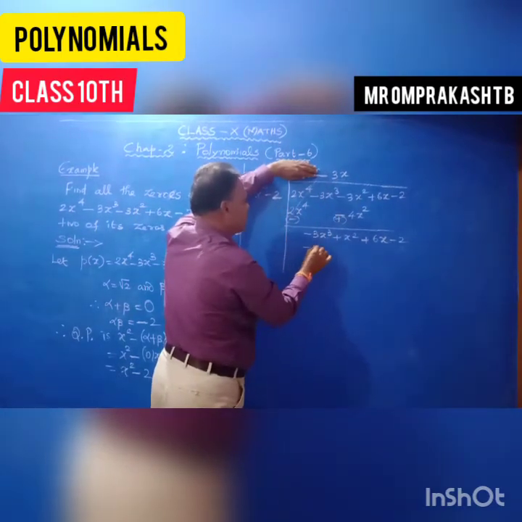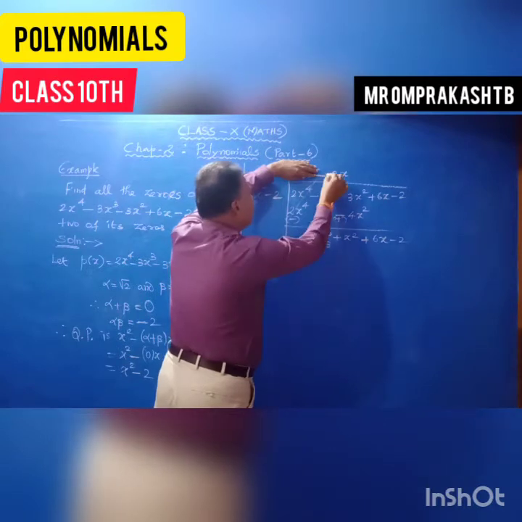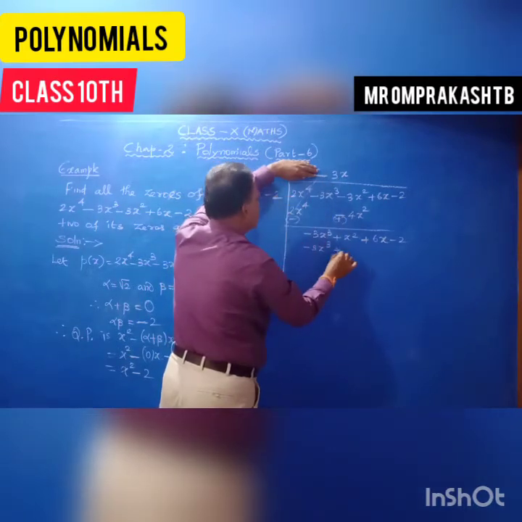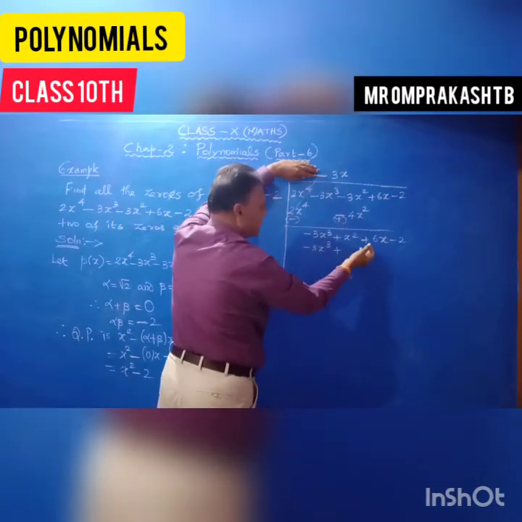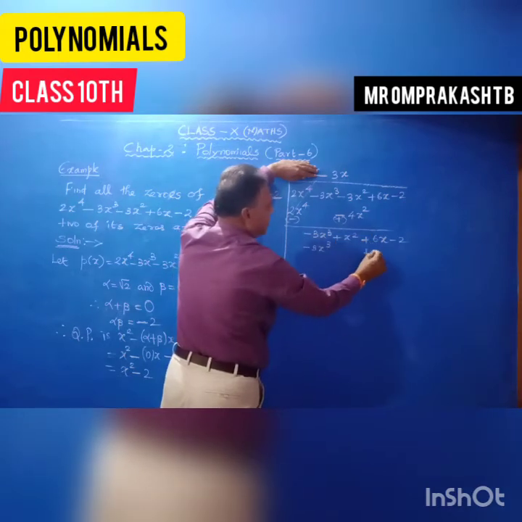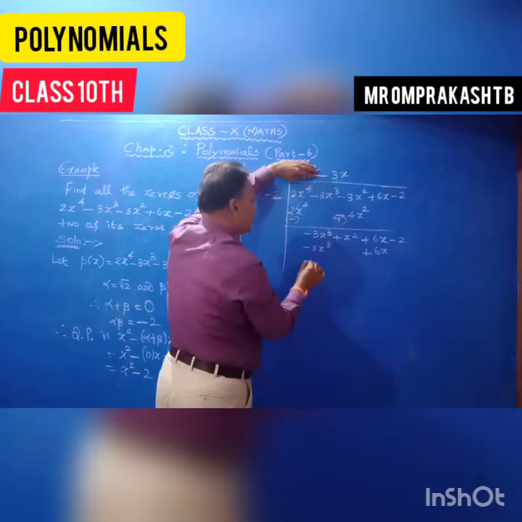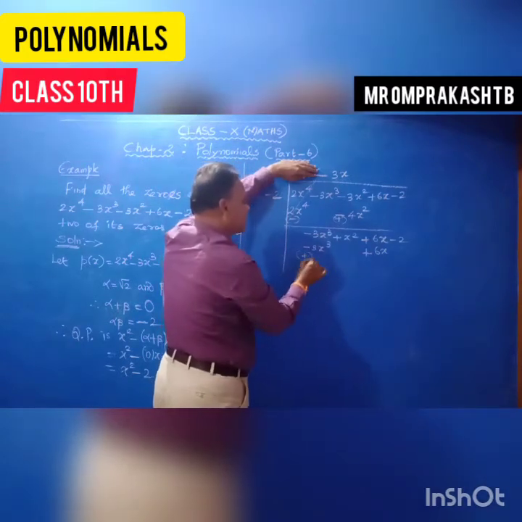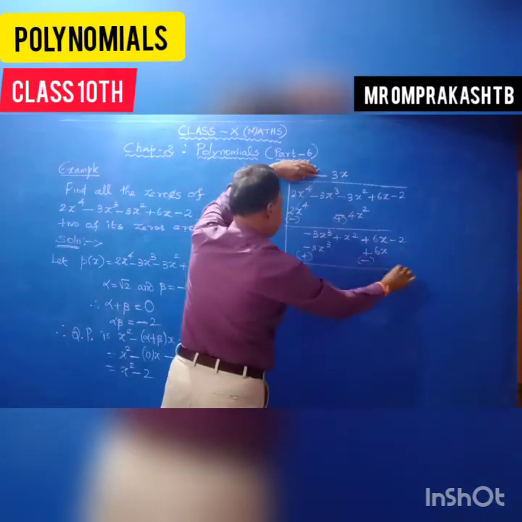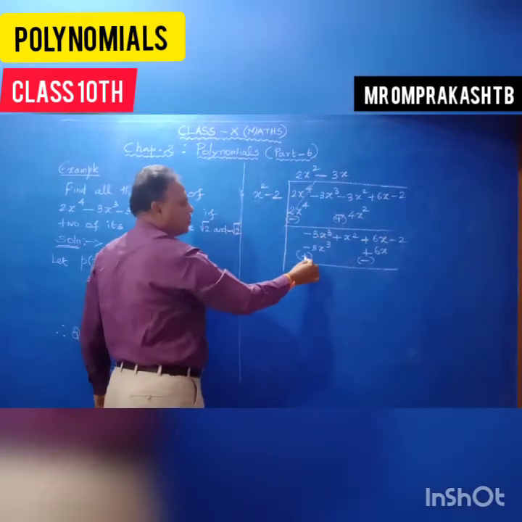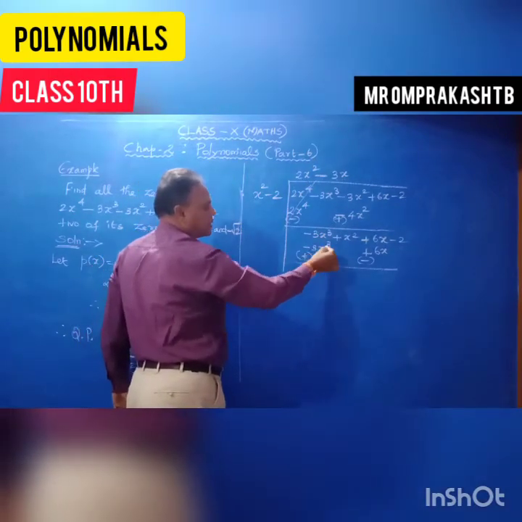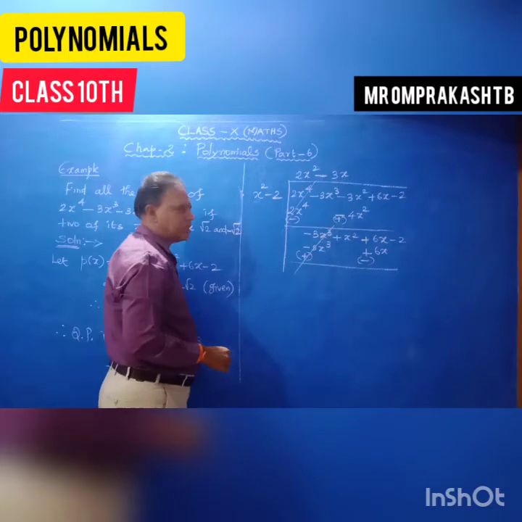So minus 3x cube. Same thing you will get. Minus to minus plus 6x. So x term is here, write it here, plus 6x, right? Now again subtracting, change the sign. So minus 3x cube, new sign you have to take, okay, plus 3x cube, cancelled.